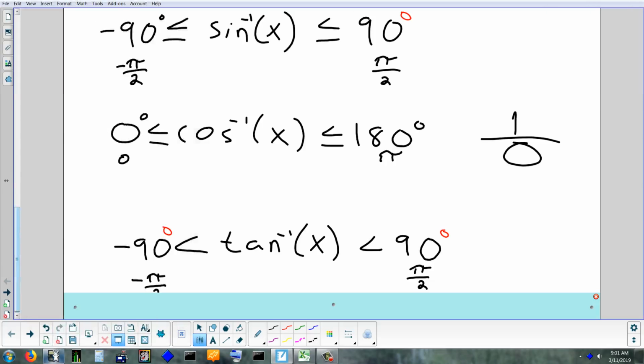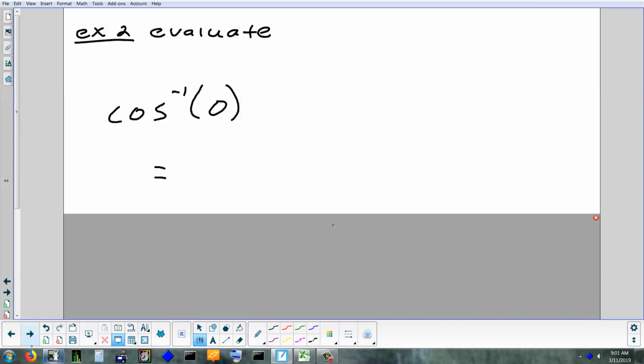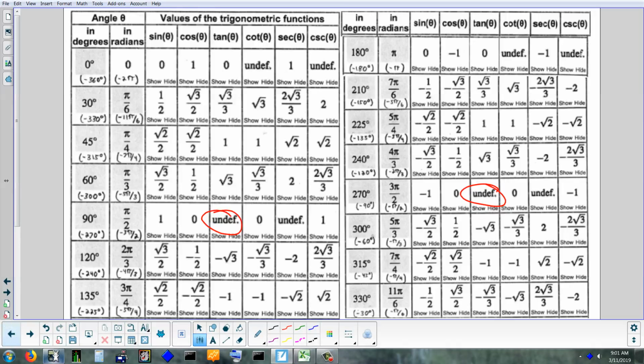And that's why when you look at this chart, I'm just going to skip ahead to a page that has the chart on it. Tangent of 90, undefined. Tangent of negative 90, undefined. Can't do it. Okay, so those are undefined. And there's some other ones that are undefined as well.